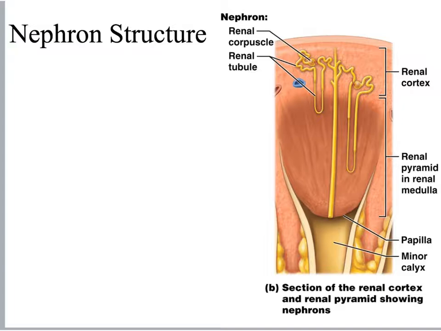So let's talk about the structure of the nephron. Blood comes in through an afferent arteriole and then ends up in your, what's that going to be then? John? Glomerulus. That's okay. And then it exits via the what?